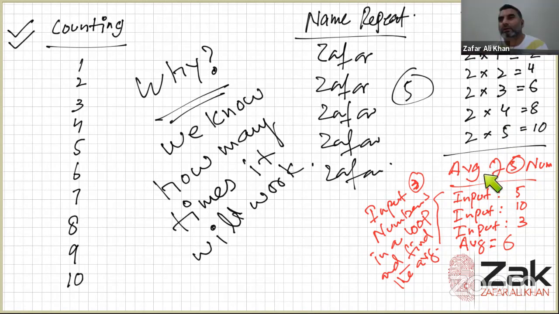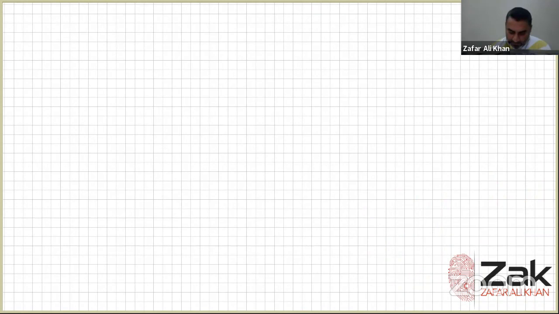Or I might be solving a question that needs me to input 3 numbers in a loop and find the average. In all these 1, 2, 3, and 4 cases, we knew right from the beginning how many times the computer will work for whatever task is given. There are several ways of doing it, but we will be using the for next loop.